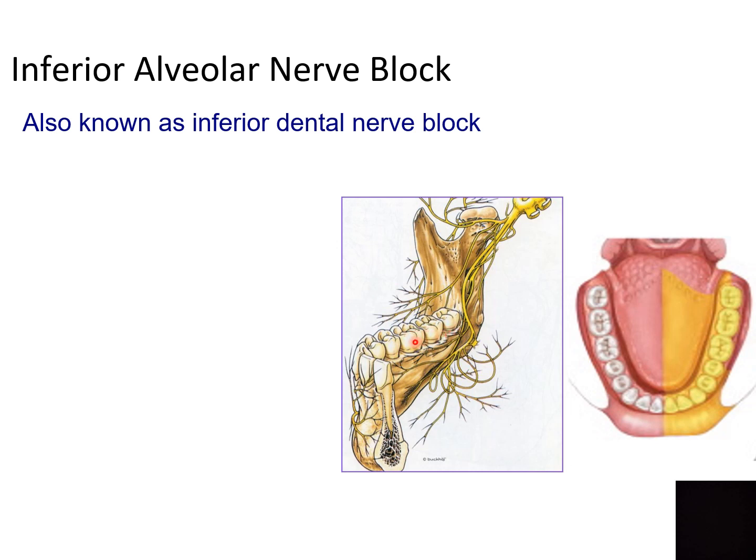And through the mental nerve, it also supplies the buccal soft tissues anterior to the mental foramen and also the lower lip on either side.